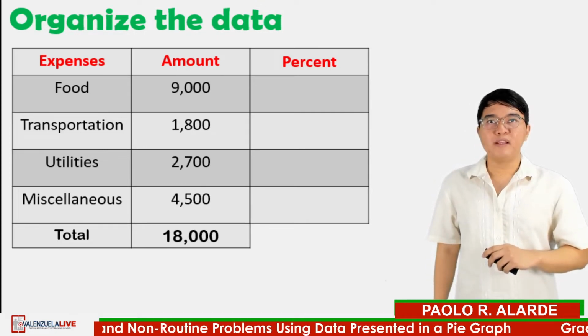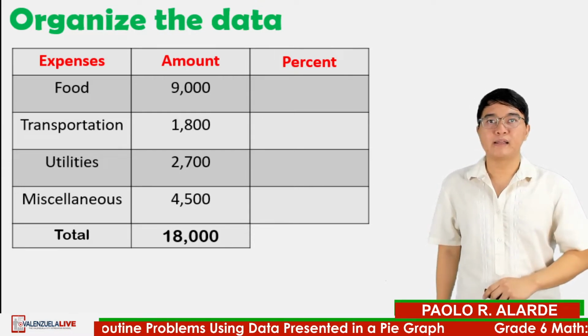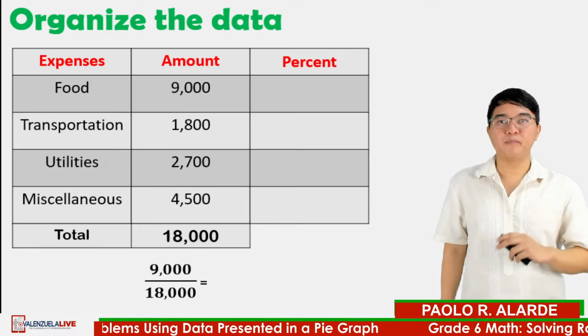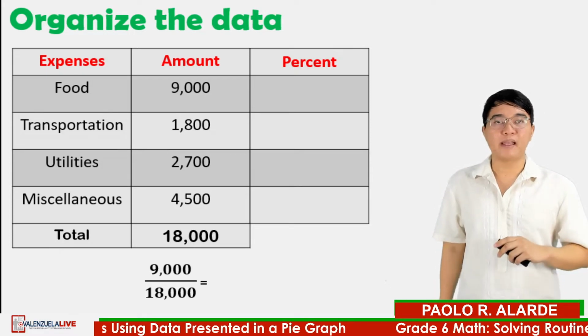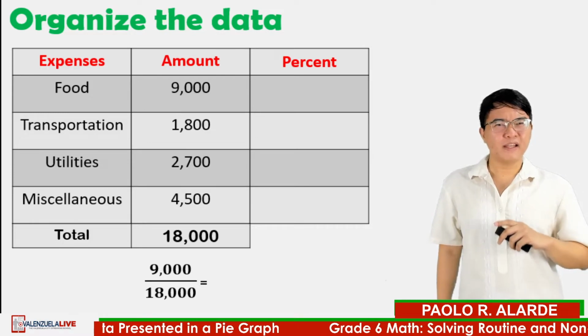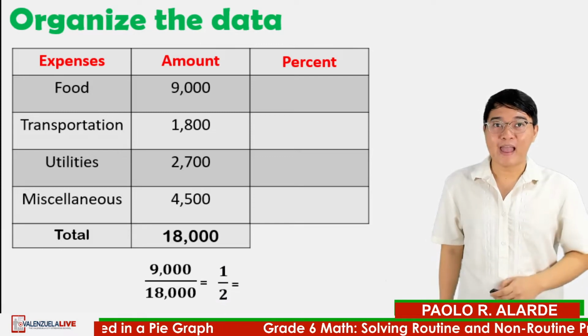So if we divide the 9,000 spent for the food by the total amount, which is 18,000, that would be 9,000 divided by 18,000. And 9,000 divided by 18,000 could be simplified into 1/2.